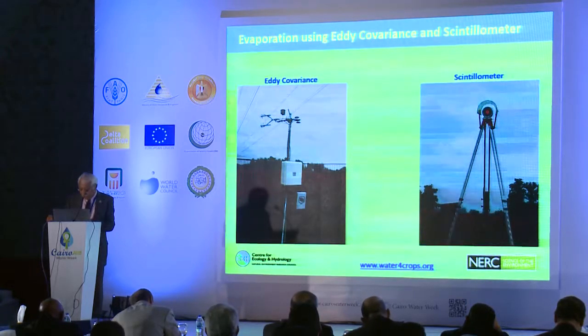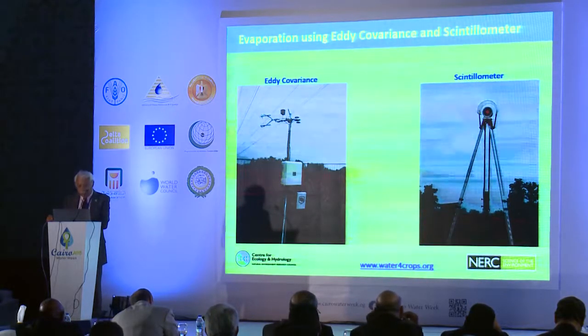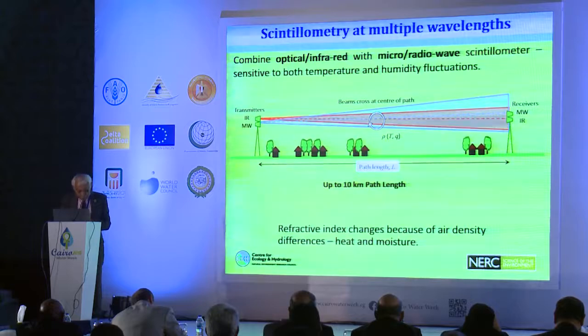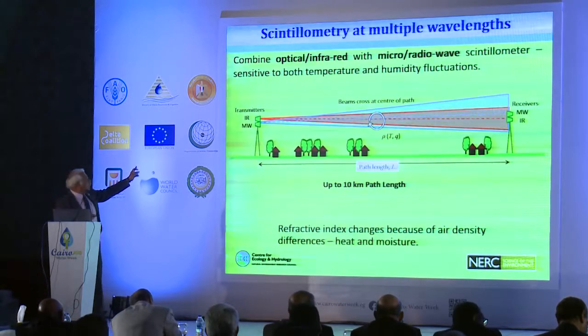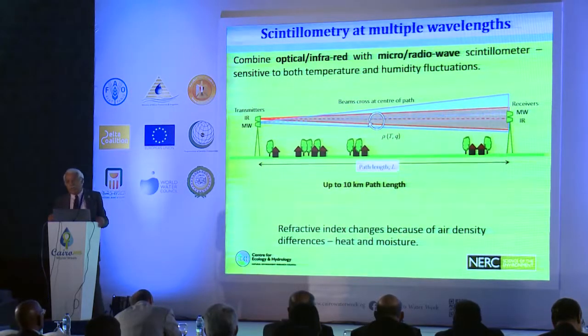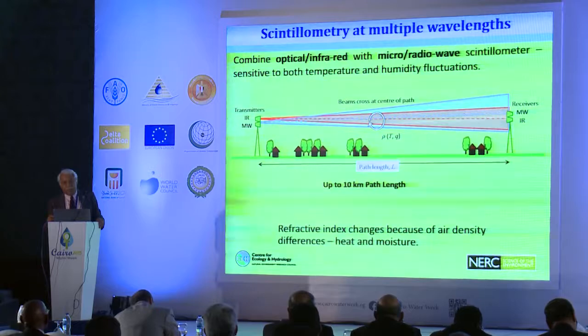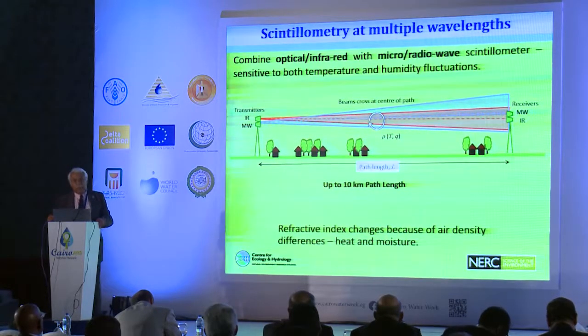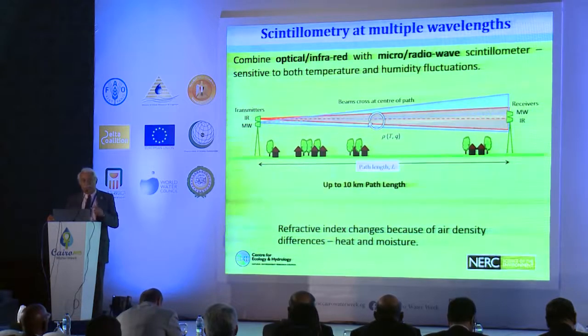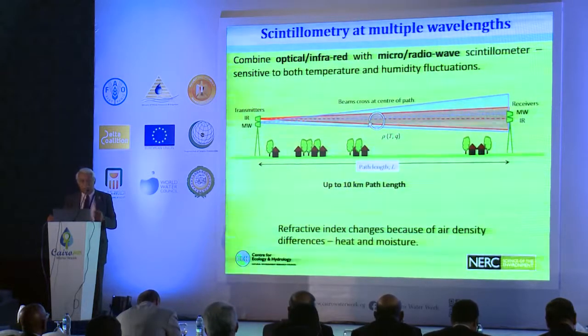What the scintillometer does is that we send a radio wave from a transmitter, or infrared as well, and we have a receiver at 5 to 10 kilometers distance. Due to the evaporation, the density of the air changes, and from that we can calculate the actual evaporation, not the potential.